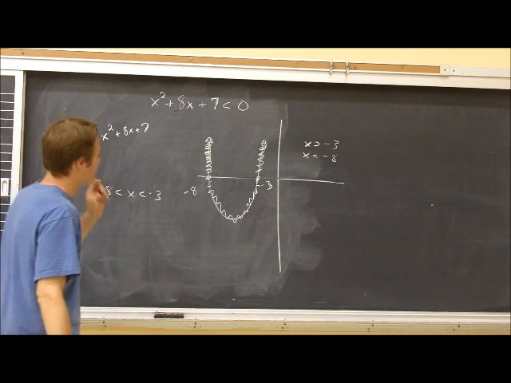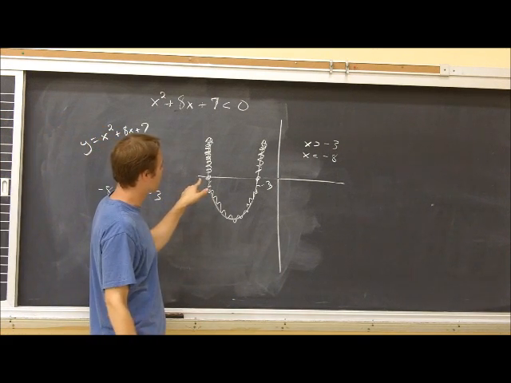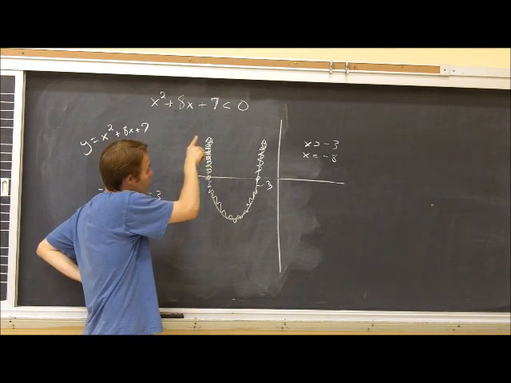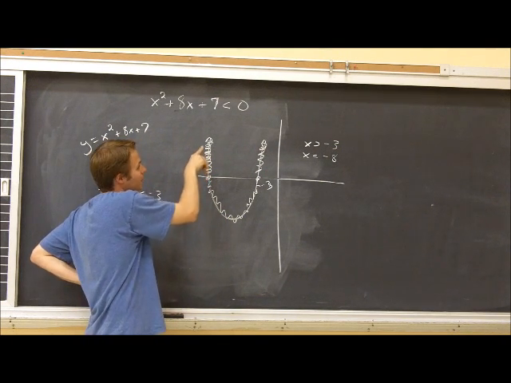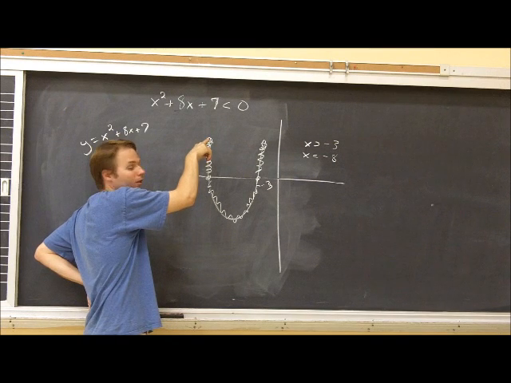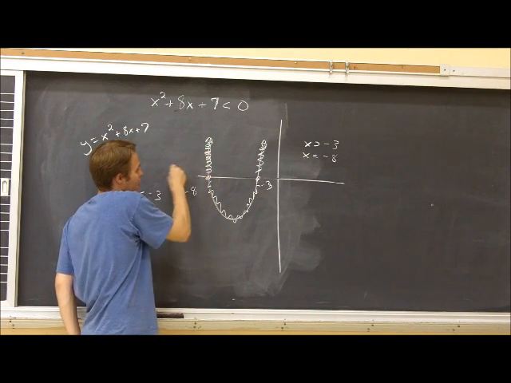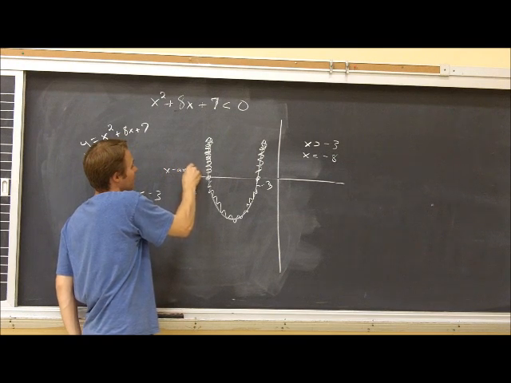So this is really interesting because we can see a few things here. First off, in order for a quadratic function to change from being positive, greater than 0, to being negative, it has to cross the x-axis.